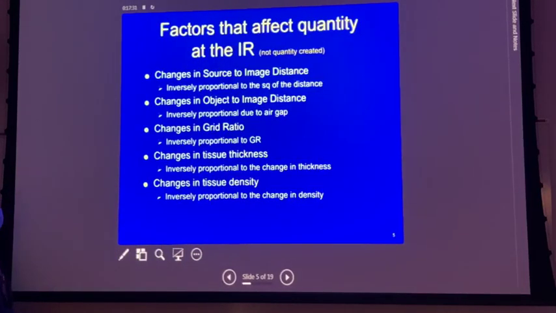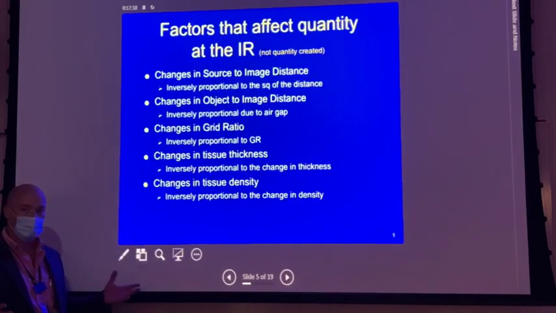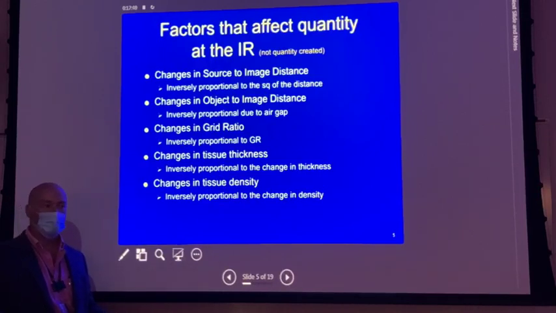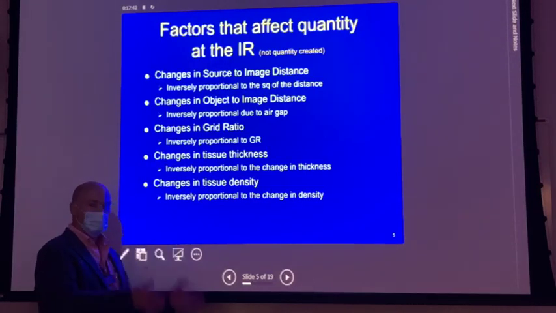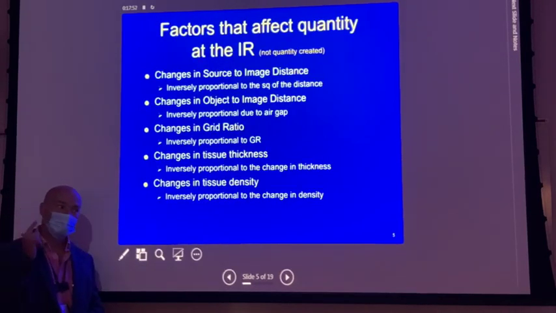Here's the thing. Some of y'all might make this leap between patient thickness and scatter radiation, and exposure to the image receptor. What do we say scatter is? Noise. It's noise, and it's an unwanted density, right?